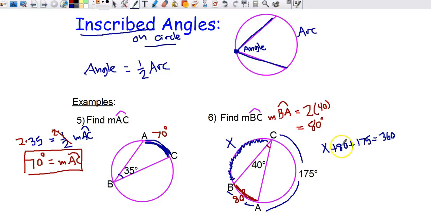So if you add the 80 and the 175, put that in your calculator, see what you get. It should be 255. Then we can subtract that from the 360, minus that out.